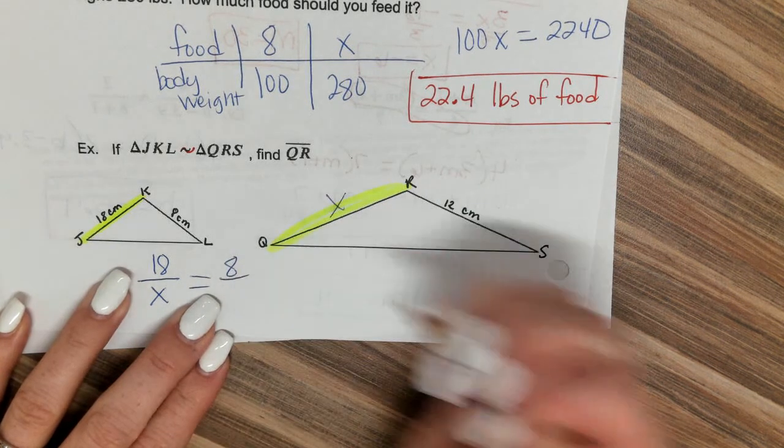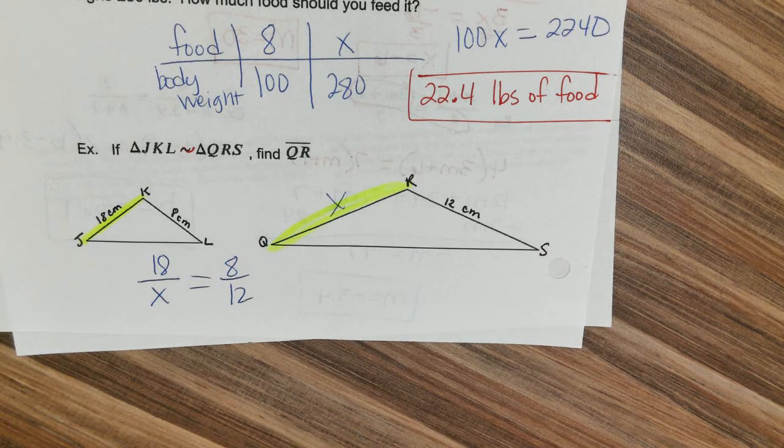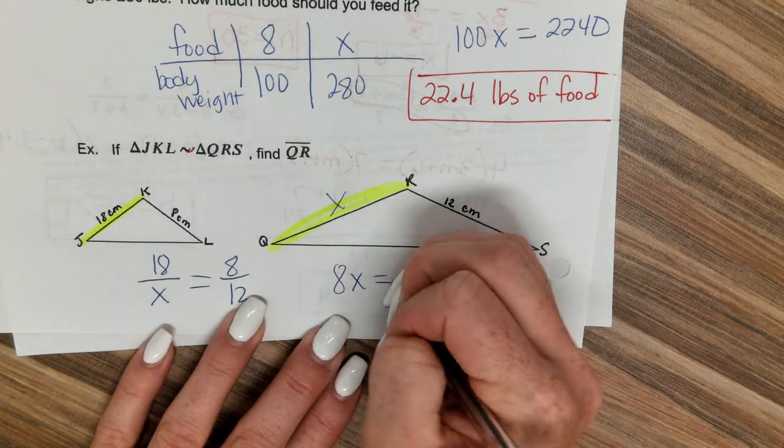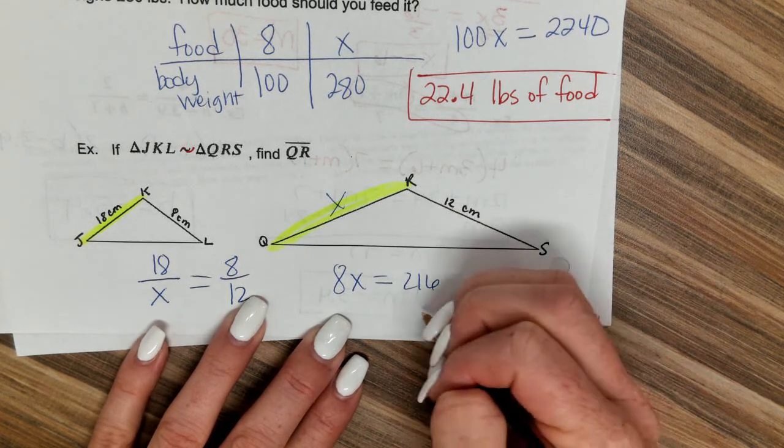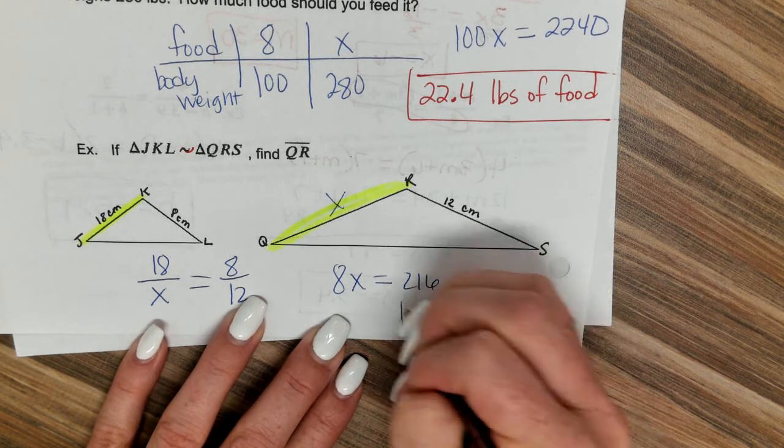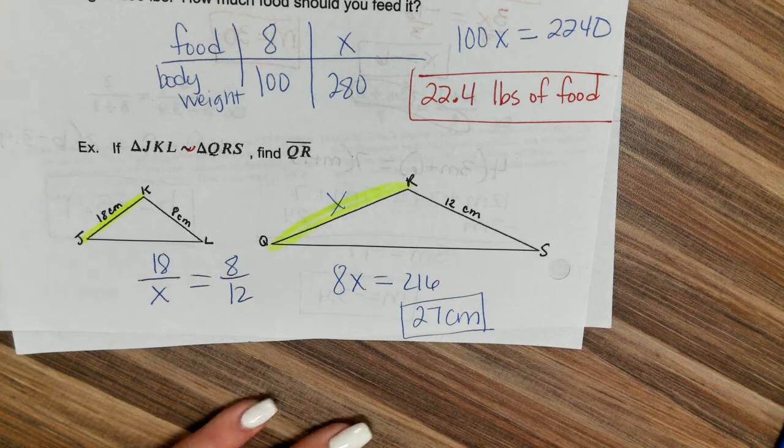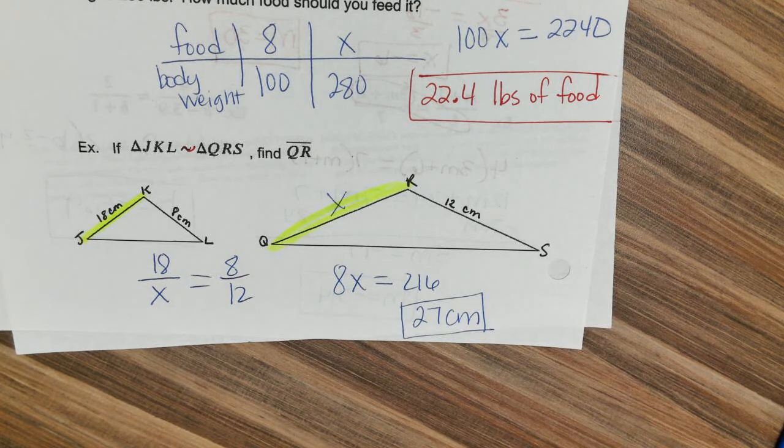So 8 on top, 12 on bottom. Cross multiply and divide. Check your answer with mine.